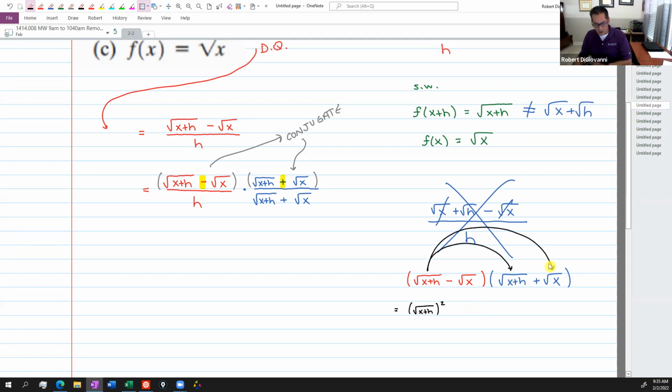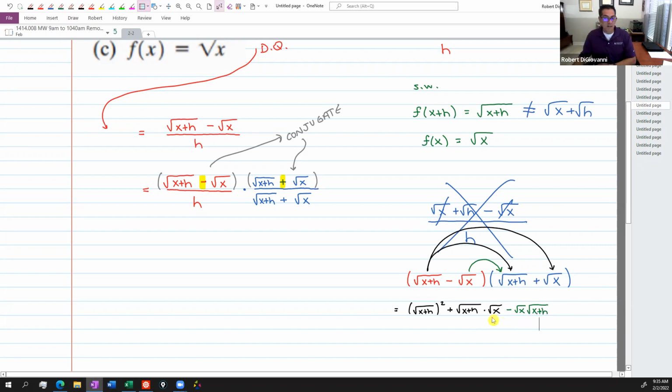I'm taking the square root of x plus h and multiplying it times positive square root of x. That turns out to be a positive square root of x plus h times the square root of x, whatever that is. And then this is where things get good. Look at the middle multiplication: you're doing negative root x times square root of x plus h, which gives you a negative square root of x times square root of x plus h.